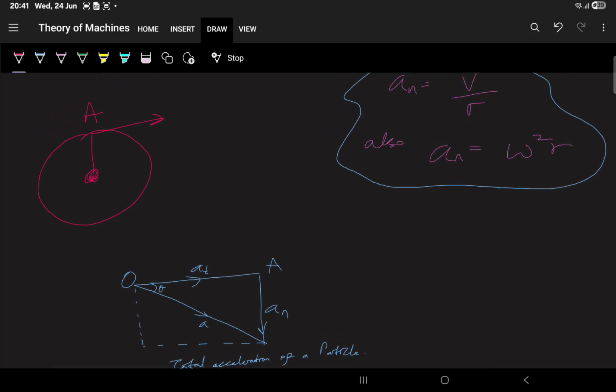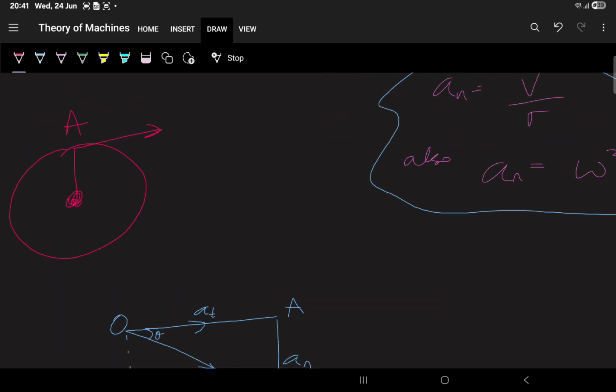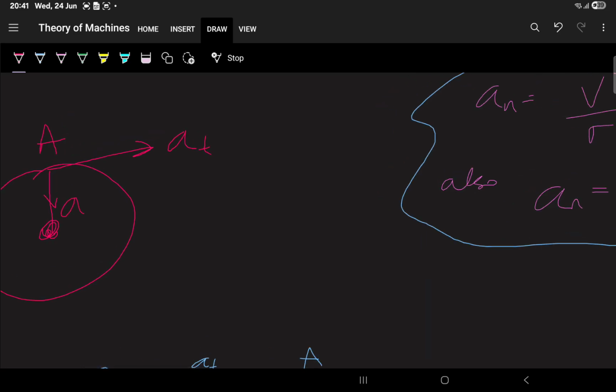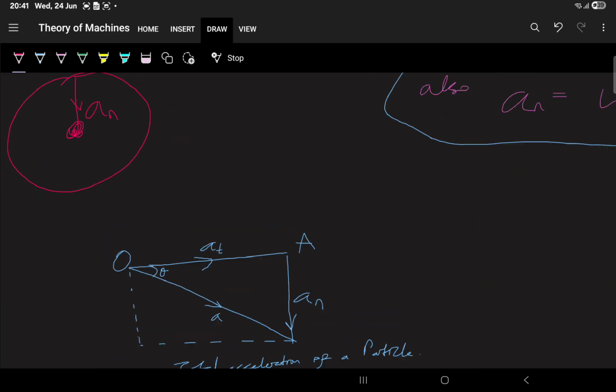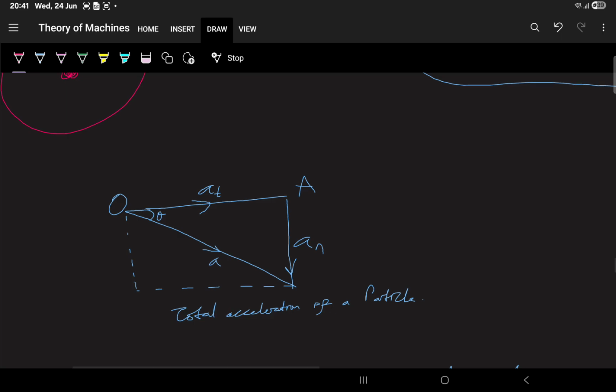What is the total acceleration? So we represent this again by a vector diagram. So this is tangential acceleration, normal acceleration, and again angle theta.